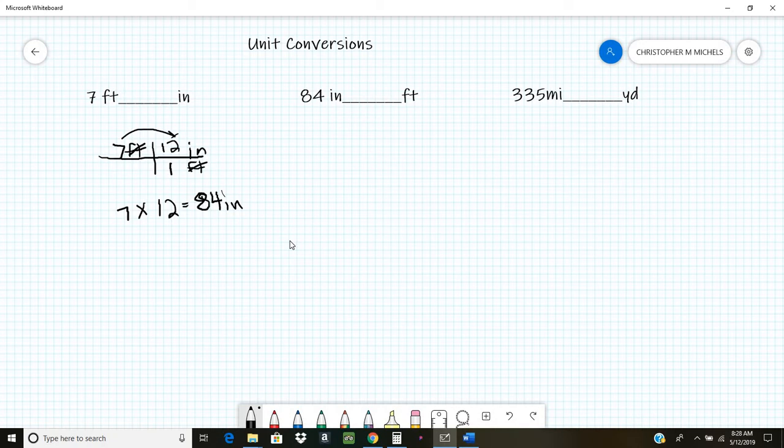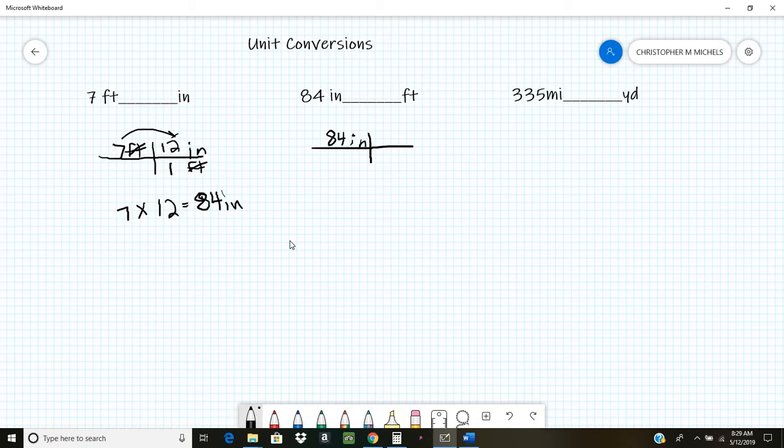So as you look right here, I have this one, but just in reverse. So let's say I have 84 inches, and I want to know what it is in feet. So what we do, again, we draw, almost drew a straight line. Let's see, so what we do, put the 84 inches right here. Now I'd encourage you to pause the video and think about what your setup should be here before I put it in.